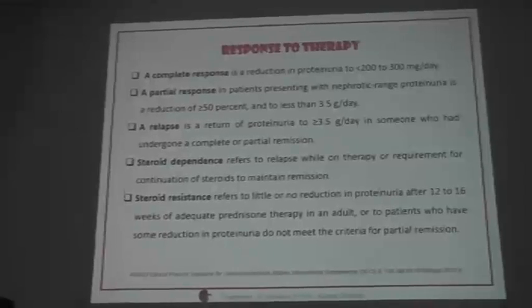Steroid dependence means the patient is dependent on the steroid: once you decrease the dose, the patient may relapse again, or may have some deterioration of the kidney and the proteinuria. A patient with resistant proteinuria is one who never developed improvement, either partial or complete remission, upon initiation of treatment.